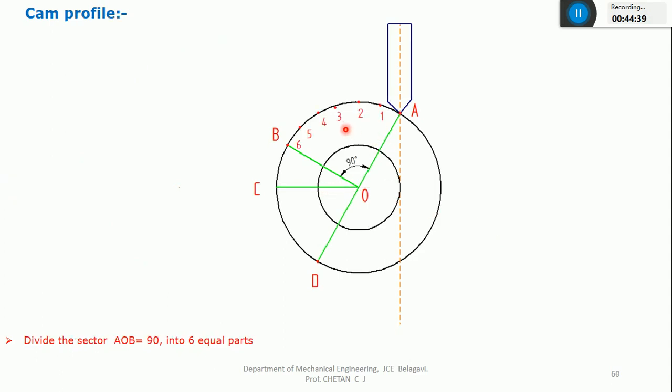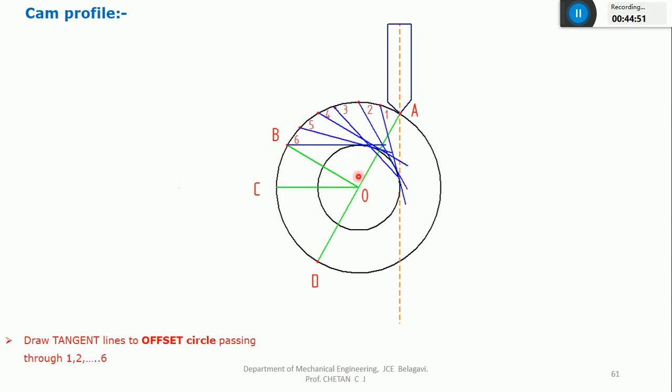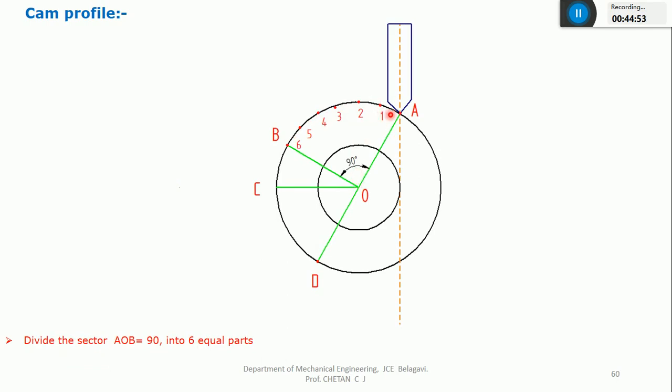First, divide this AOB, the outstroke angle, into 6 equal parts. Use the protractor, taking OA as the reference line. 90 by 6 is 15 degree. Just indicate those reference points around the circumference of the base circle. Keep the protractor here at AOB and indicate 15, 15, 15, 15, 15.